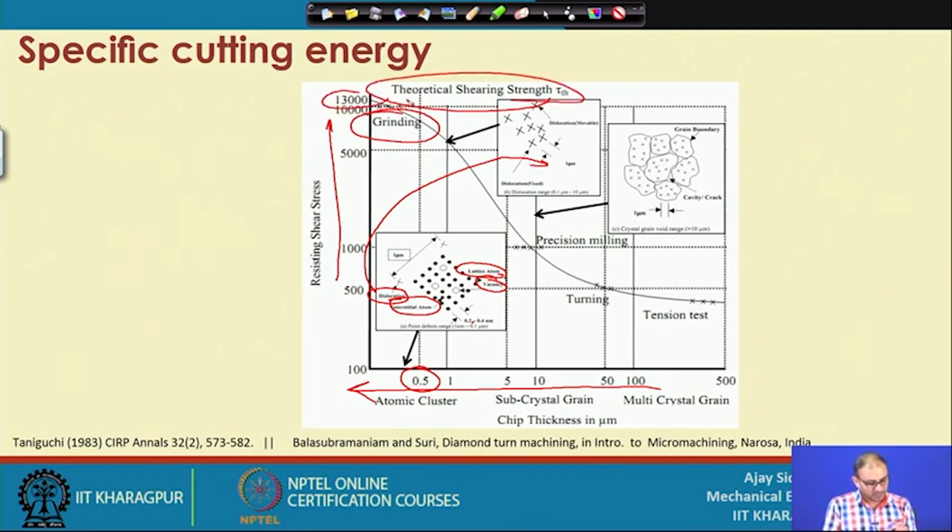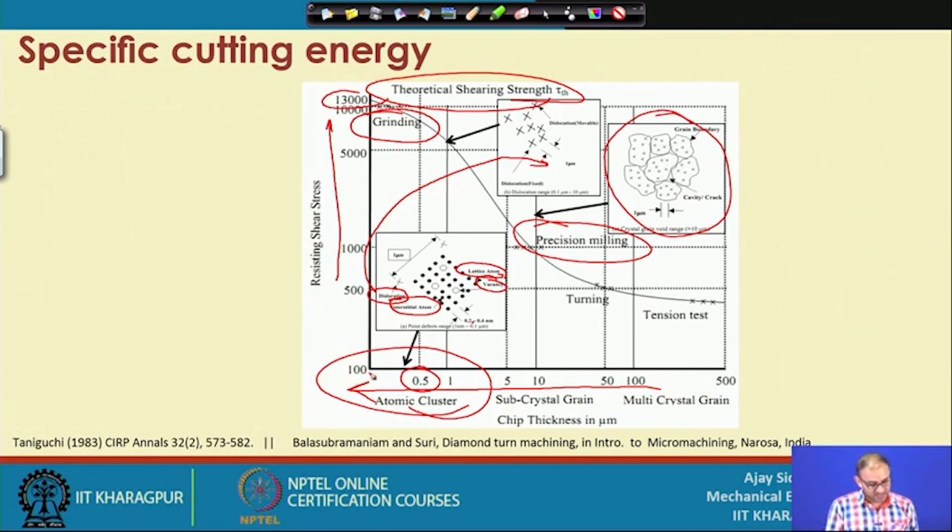That is what is happening in our precision micro machining: we are working in this area, talking about grains and the defects within the grain, but we are not going below a range of about 5 micron, because after that many other things may happen.